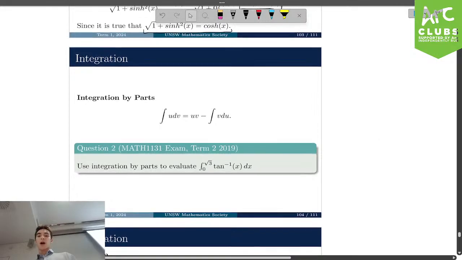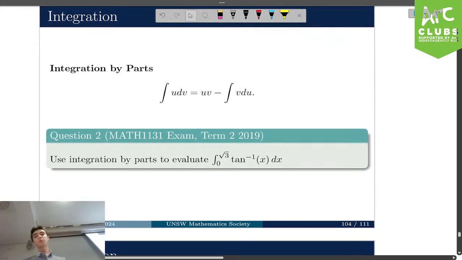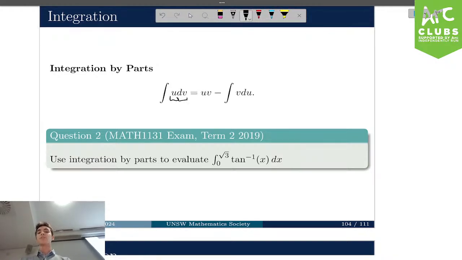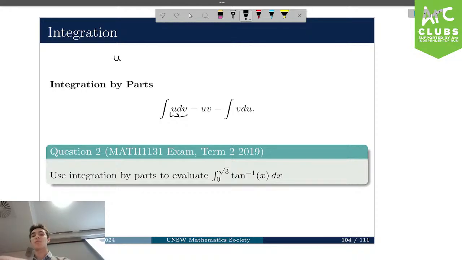We've got a technique for integration called integration by parts, and it's used when you're integrating a product of two functions, u and dv. The way that you would derive this algebraically is you start with the product rule.